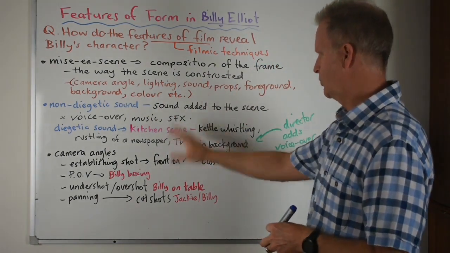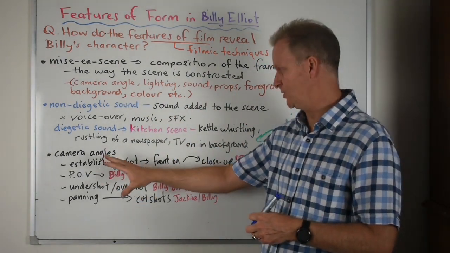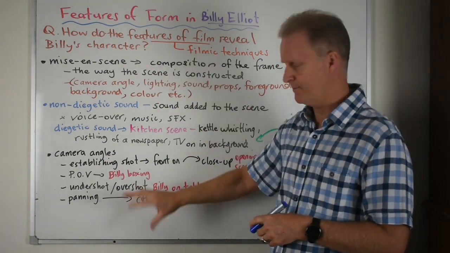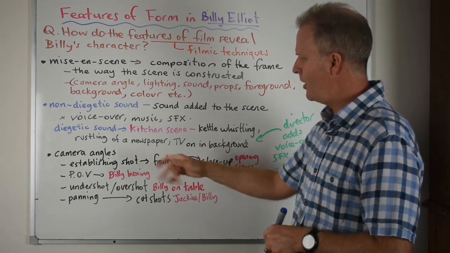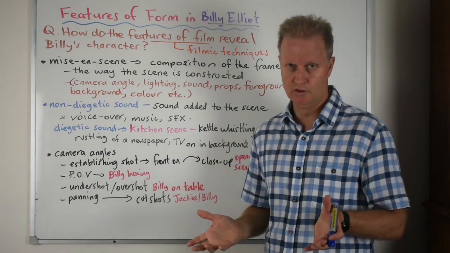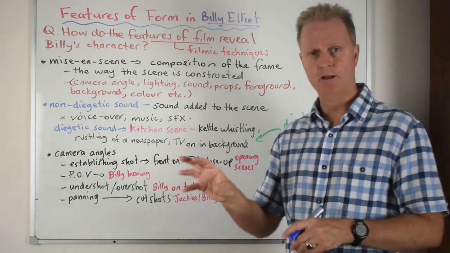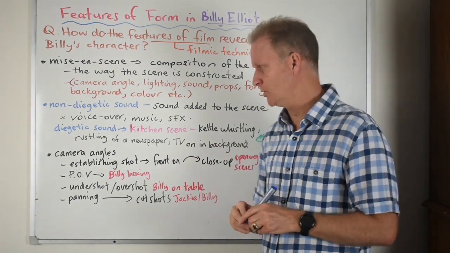We might go straight to camera angles, because that's a good example and it supports this mise-en-scene. We've got a whole range of camera angles that we can talk about, and you certainly don't have to talk about all of them. You're just going to pick things that are relevant to the scene you're talking about.